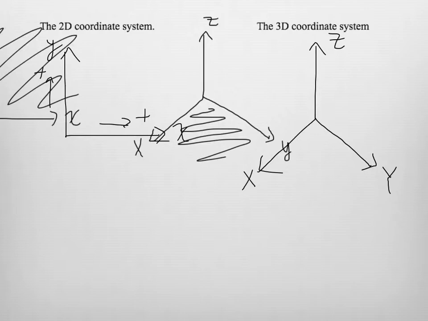Something to remember here is that this is always 90 degrees, and this is always 90 degrees, and this is always 90 degrees. Okay, so the three axes are mutually perpendicular, and that just means they're always 90 degrees with each other.